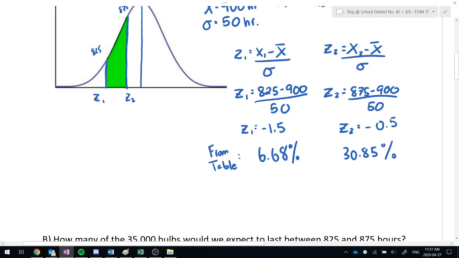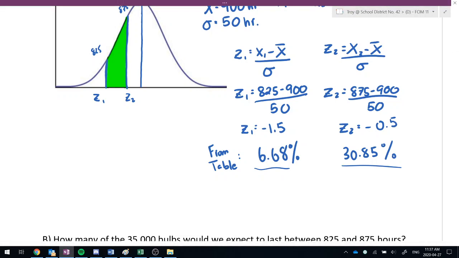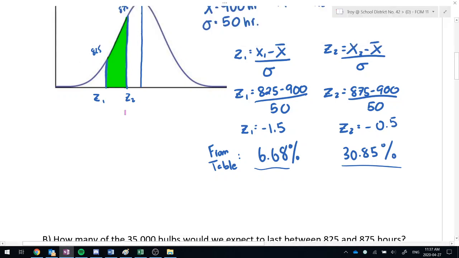Okay, so remember, when we're using the z-score tables, they are describing the area under the curve to the left only, okay? So what we want to do is take this value and subtract from it this value, right? Because 30.85% tells us everything from here to the left.